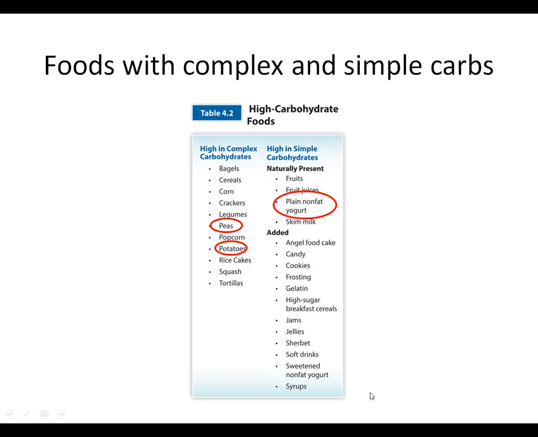So here's a figure from your textbook which gives you some examples of foods that are particularly rich in complex and simple carbs. Foods high in complex carbs are all of these things that are made out of flour, and then some vegetables such as peas, legumes, squash, corn.